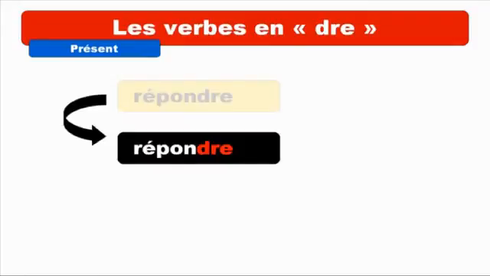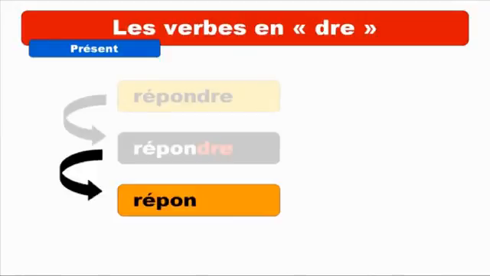So the idea is that you've got to spot, of course, the ending. In this case, the ending is -dre. All right, and so you will have after that to only take away the -dre, and so you'll get this "répon", with an accent aigu, R-É-P-O-N.